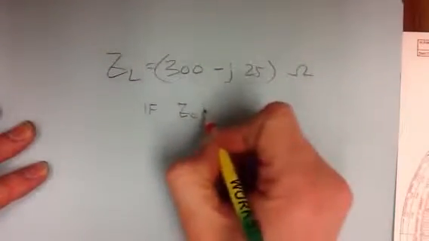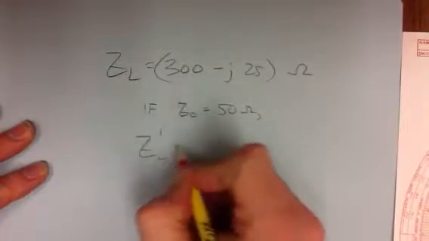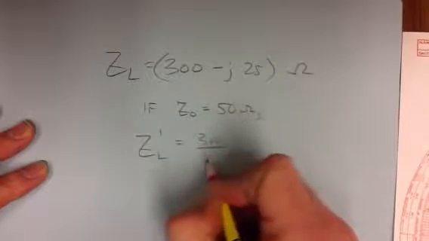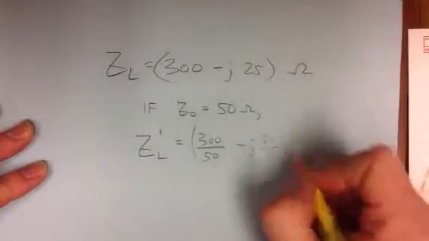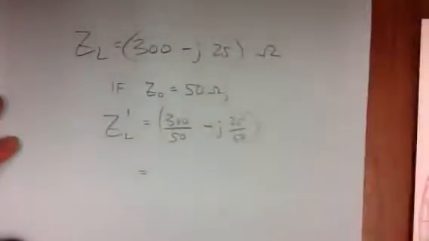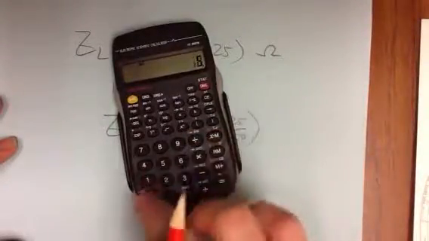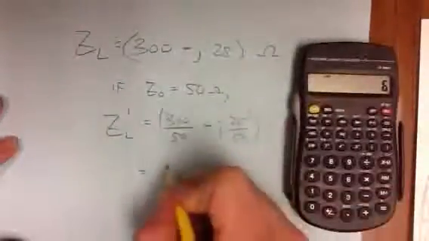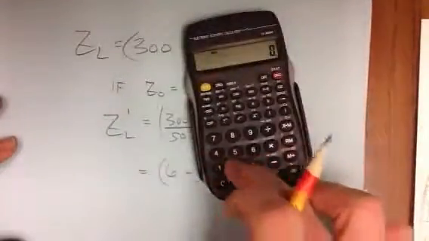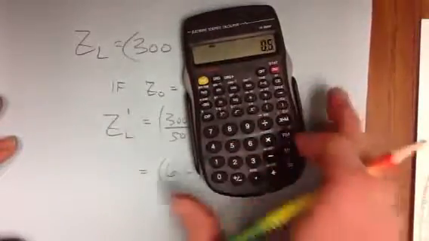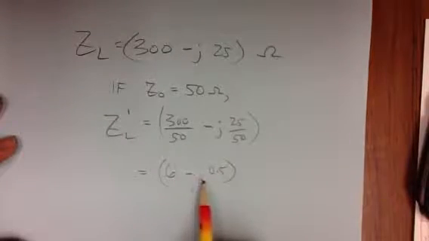If Z naught, the characteristic impedance, is equal to 50 ohms, the normalized impedance is going to be 300 over 50 minus j25 over 50. 300 divided by 50 is 6, and 25 over 50 is 0.5. So we're looking for 6 minus j0.5.